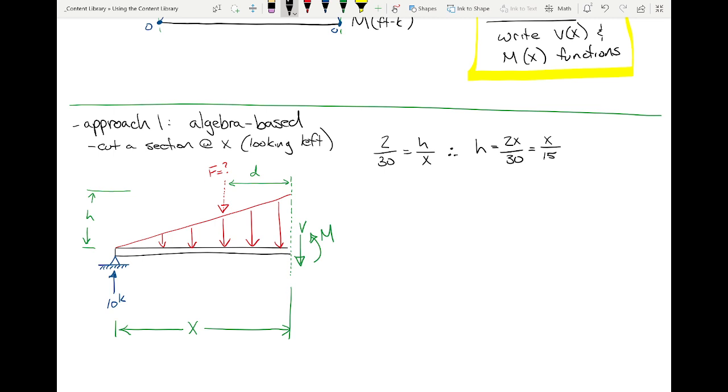So therefore, that, and what is this? If I chug all this out, what am I going to get? x squared over 30.